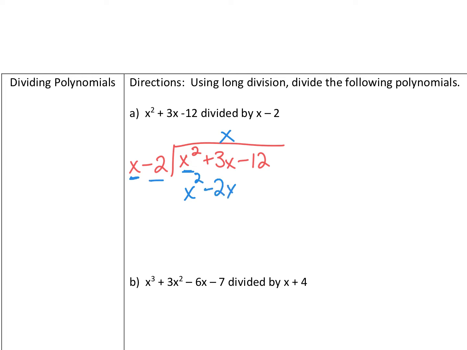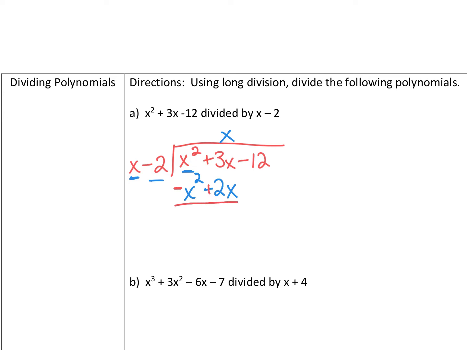When we had the numbers, what was the next thing we had to do to get this to subtract? I kind of gave it away. We had to change the sign, right? We've got to do the same thing here. The thing we have to remember, though, is if we change the sign of one term, we got to do it on the other as well. So we're going to change this to be a negative x squared and a positive 2x.